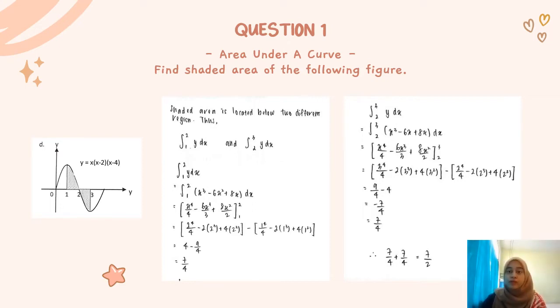After we form the new equation, we must evaluate the definite integral using the value of 2 and 1. We substitute into the new equation and it becomes like what we show on the slide.